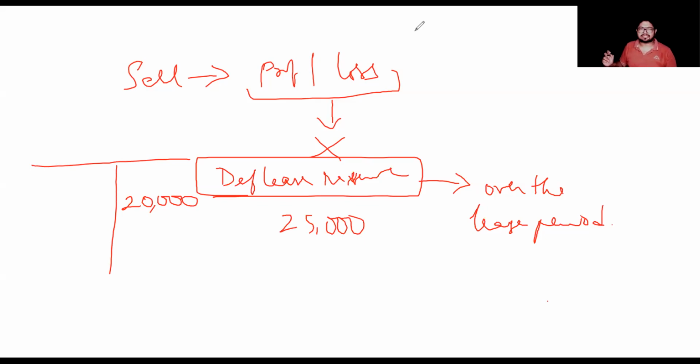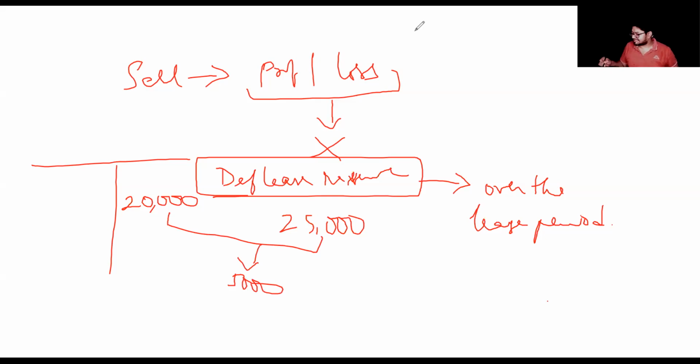Why do we enter into such a transaction? Because I am right now in a cash crunch. I need that machine, but I'm in a cash crunch. So what I would do is, I would legally transfer the asset to the other party, but physically it's going to be with me only. Then only I call it a sale and lease back transaction. Now by doing this, I actually have a profit of 5,000 here. Yes or no?